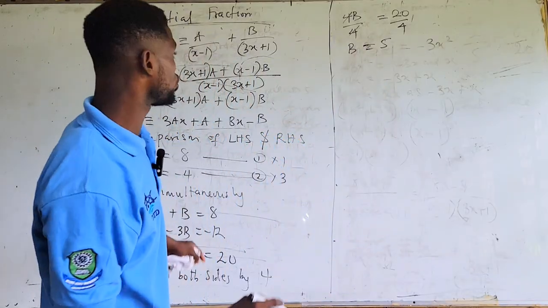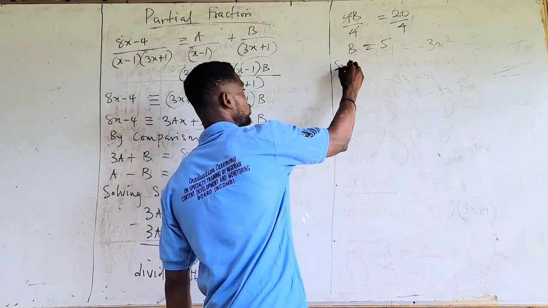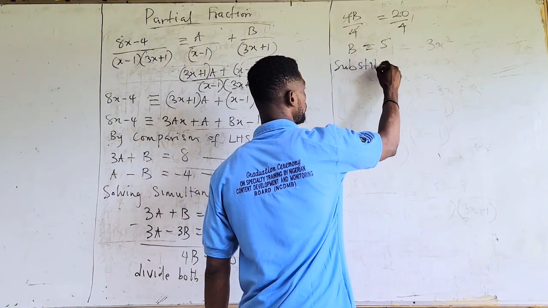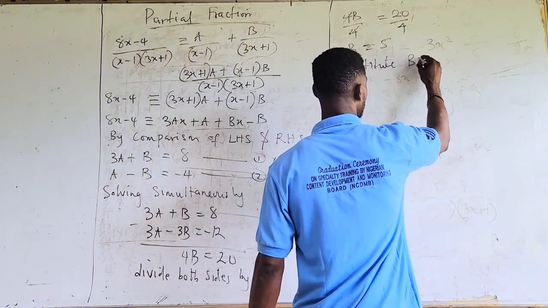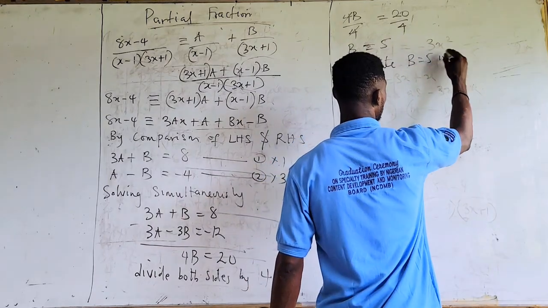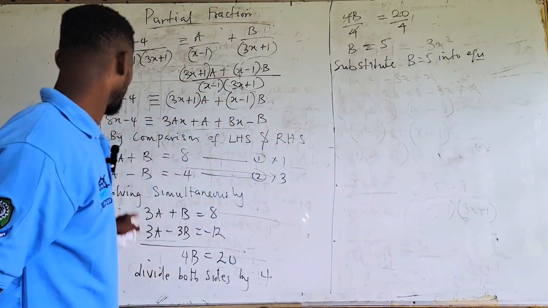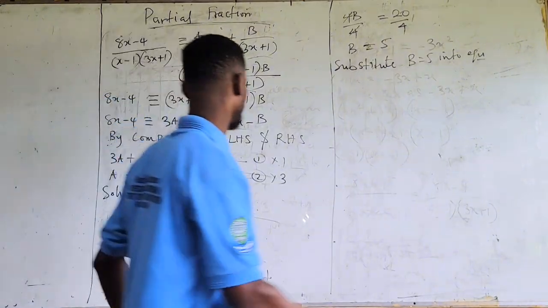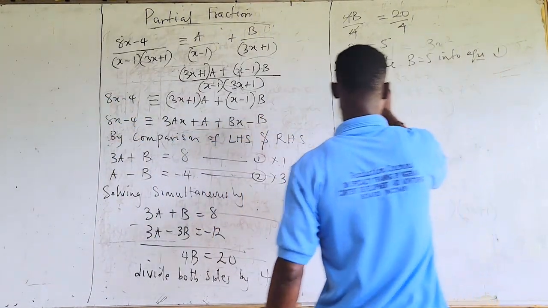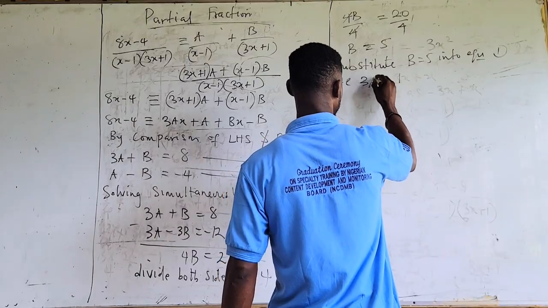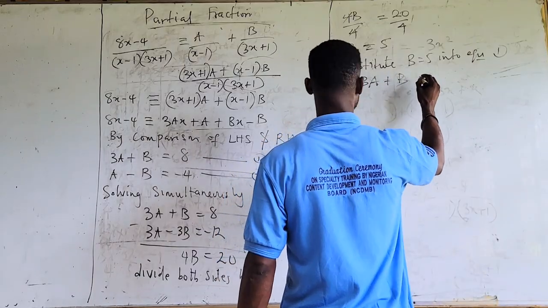So we're going to substitute b, that is 5, into equation 1. That is 3a plus b is equals to 8.